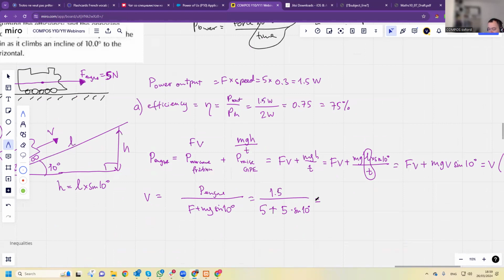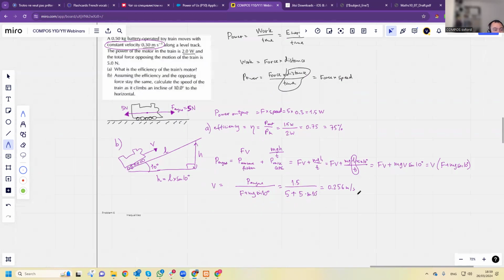So that will be 1.5 divided by 5, open bracket, 1 plus 10, 0.226 meters per second.